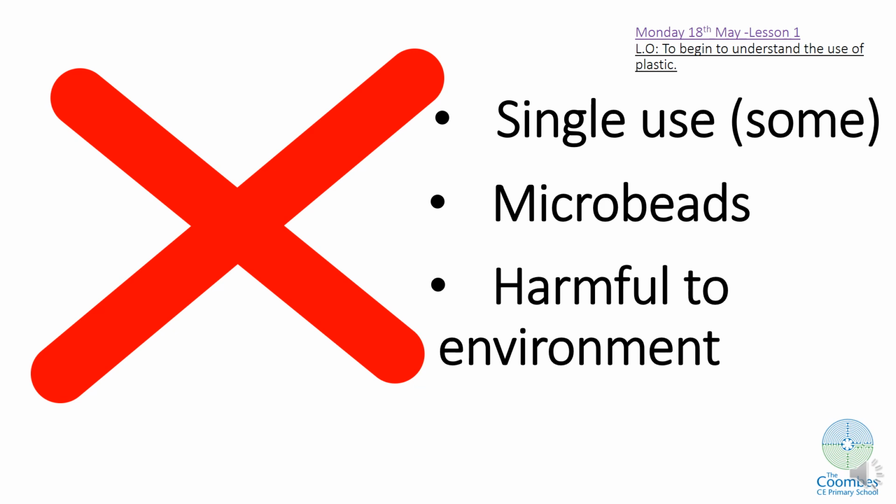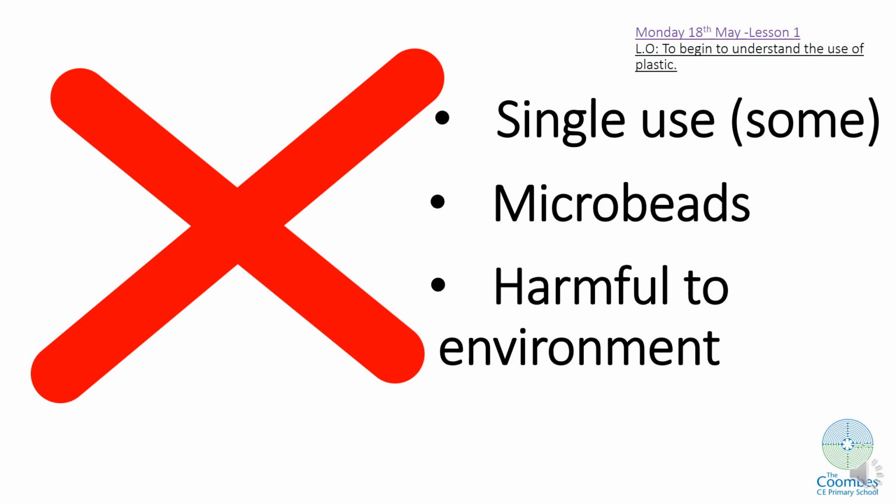And plastic can be really harmful to our environment because think about what I said with the plastic bags. They go in the bin. That ends up getting picked up by the bin men. That goes to a landfill. And on this landfill, there's heaps and heaps and heaps of rubbish. Now, some of this rubbish will break down naturally, and then it's made of natural things, and there'll be nice things that will go into the soil and that will help the plants grow.